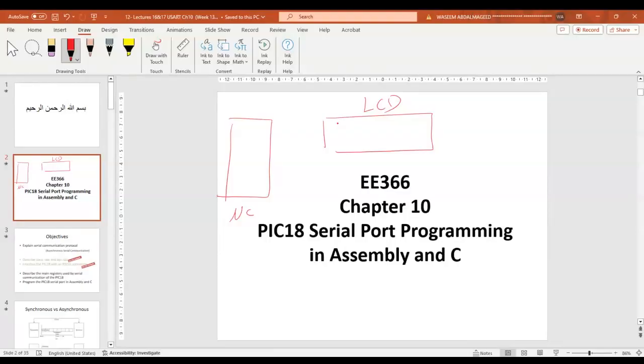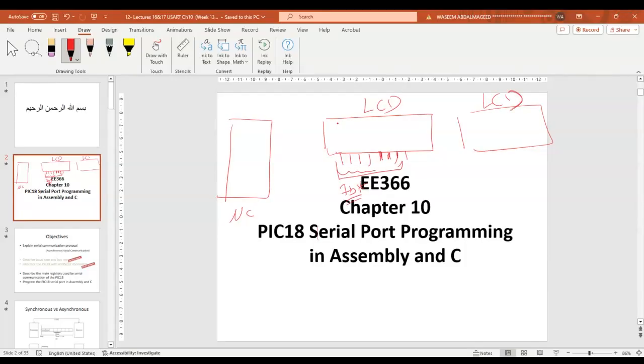If you want to connect this LCD in parallel mode, generally we have 8 bits for the data, but you can use the reduced mode, 4 bits for the data, and you need 3 bits for the control. So we need at least 7 bits to connect just one LCD. If you need to connect another LCD, you also need 7 bits.